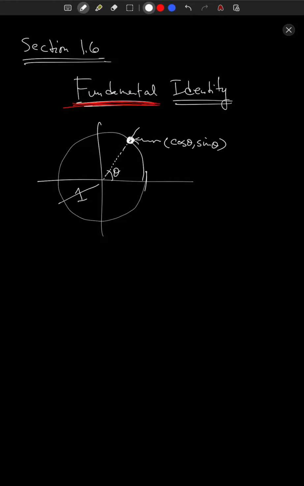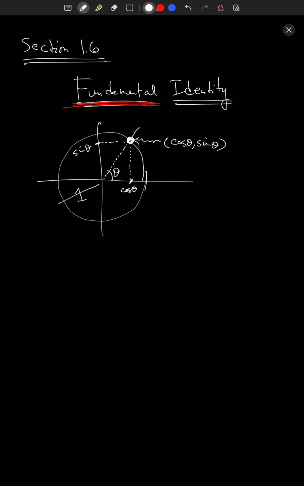That's the definition of cosine and sine. In other words, the x-coordinate is cosine theta, and the y-coordinate is sine theta. All right, so that's the basic setup of the definition of sine and cosine.